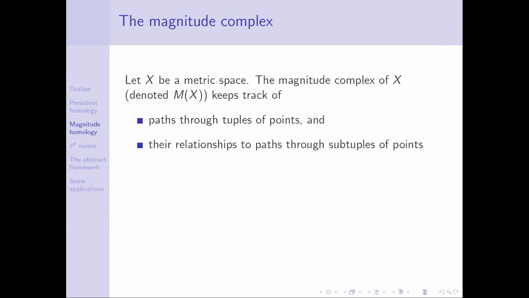Right. So magnitude homology is obtained by a construction called the magnitude complex. Well, actually, I think I might be the only one who calls it that, but whatever. So X is a metric space, and it keeps track of paths through tuples of points and their relationships to paths through subtuples of points.